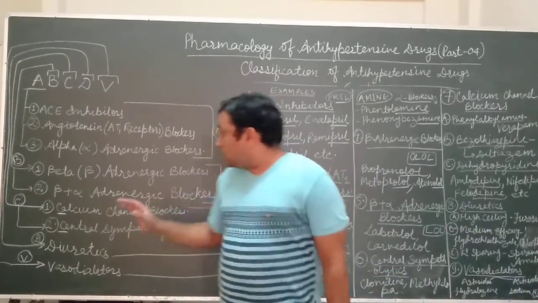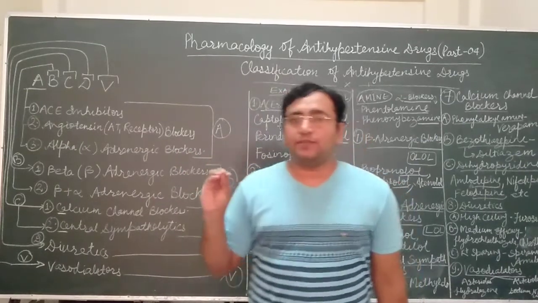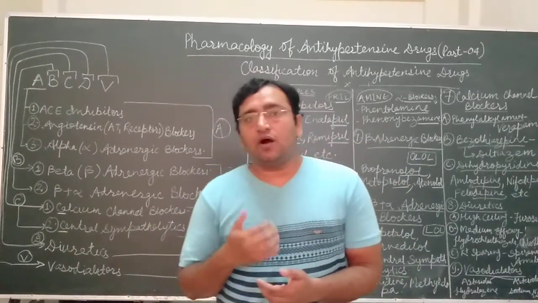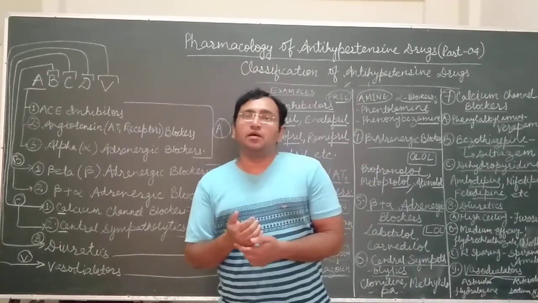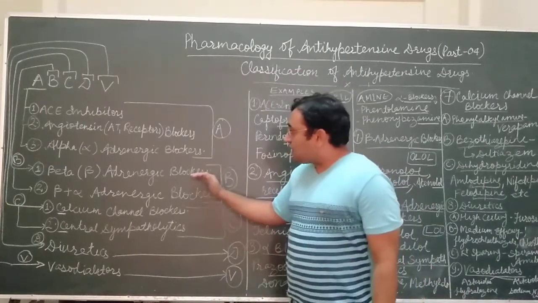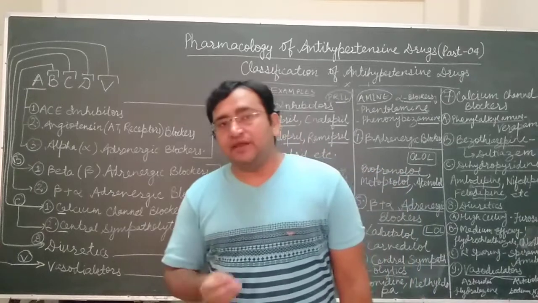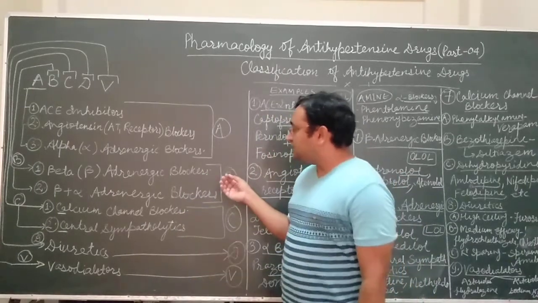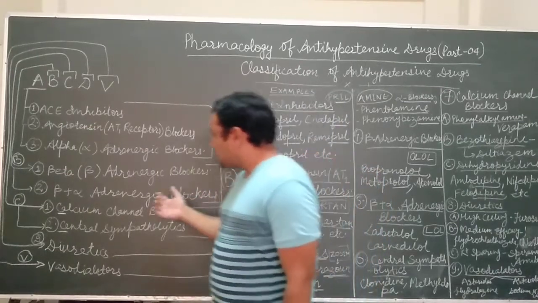We have studied that alpha adrenergic blockers basically block the alpha receptors which are present on blood vessels, but beta blockers basically block the beta receptors which are present on heart muscle cells.